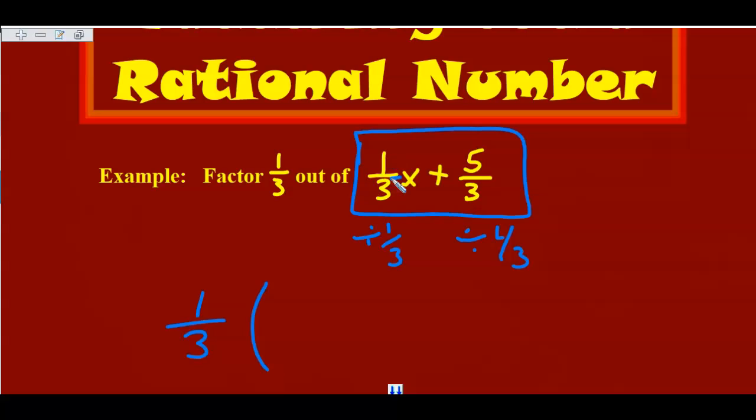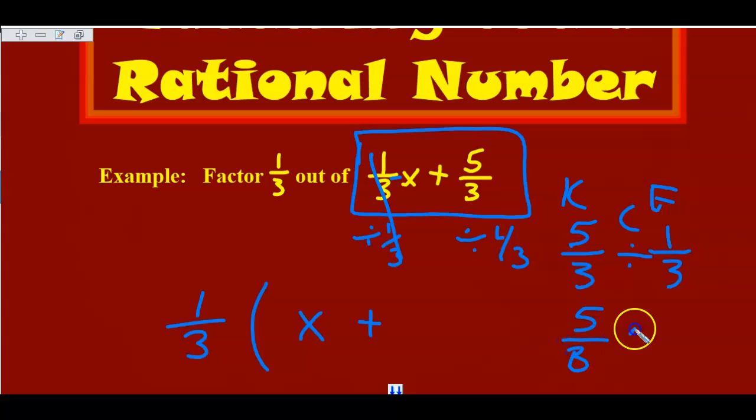So 1/3 x divided by 1/3, well, any number divided by itself, so 1/3 divided by 1/3, that's going to equal 1. So all that we have left in that first term is x. Now let's do the second term. 5/3 divided by 1/3. We're dividing fractions, so we need to keep, change, flip. 5/3 stays the same. We're going to multiply by 3/1.